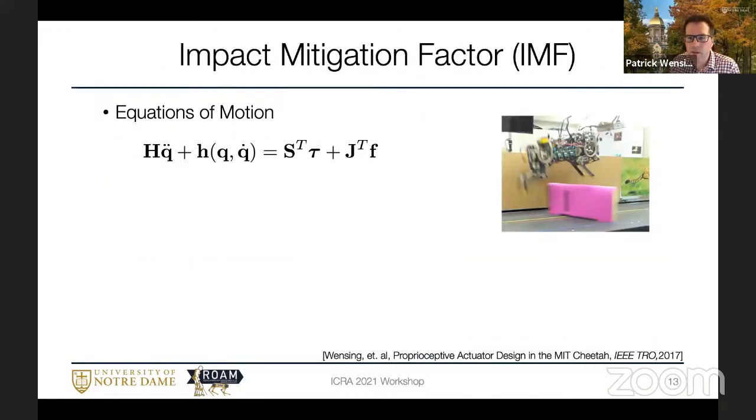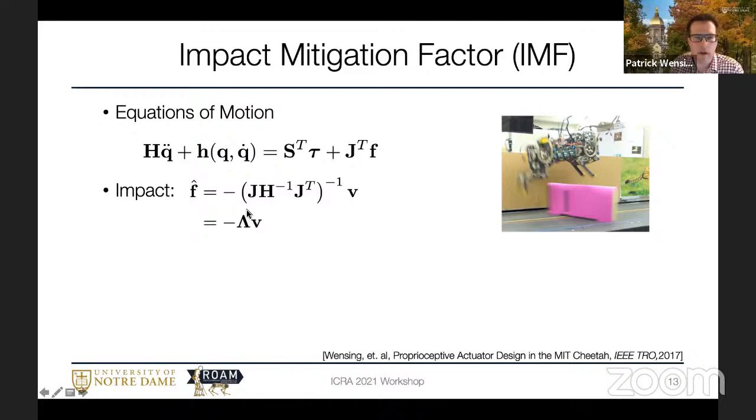So we've got our equations of motion for the robot, and we know that when the robot flies through the air and its foot hits the ground, there's going to be an impact impulse that's opposite to the impact velocity. And it turns out that impact impulse is scaled by this matrix lambda, the operational space inertia matrix. It's essentially the effective mass that you would feel at the foot if you were to probe it right before it touched the ground.